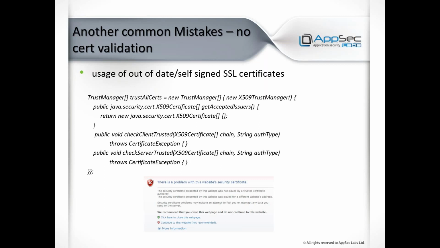The meaning is that even if the app is using HTTPS, the attacker can still man in the middle the communication. He can replace the certificate with his own certificate, and by this he can man in the middle the communication and decrypt it.